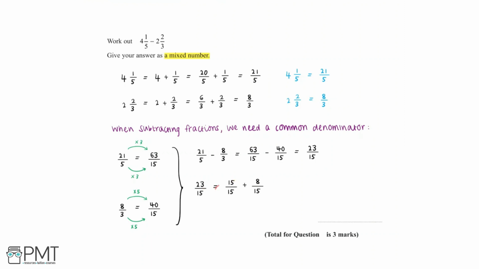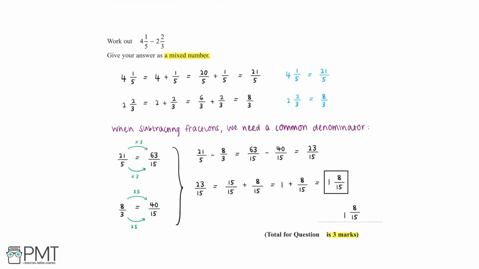Now 15 over 15 is equivalent to 1. And so 15 over 15 plus 8 over 15 can be written as 1 plus 8 over 15. And as a mixed number, this would be equal to 1 and 8 over 15. And so we've found that 4 1/5 take away 2 2/3 is equal to 1 and 8 over 15.